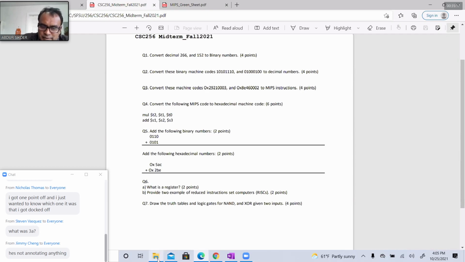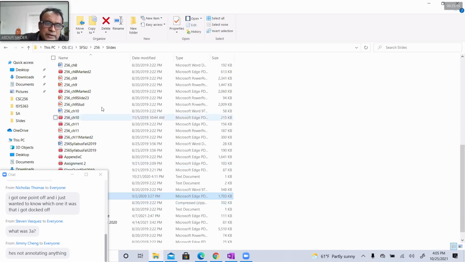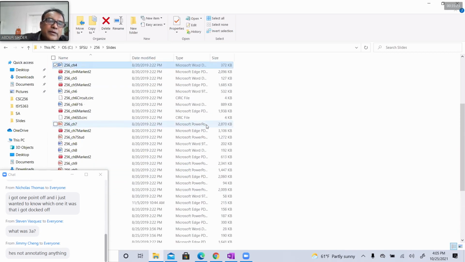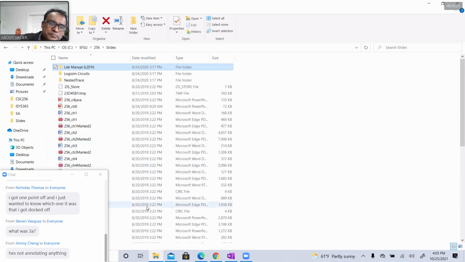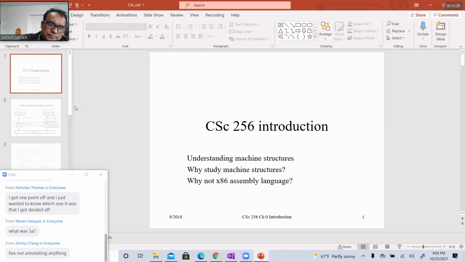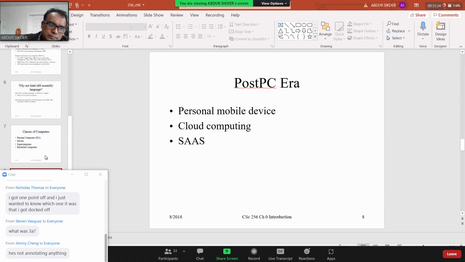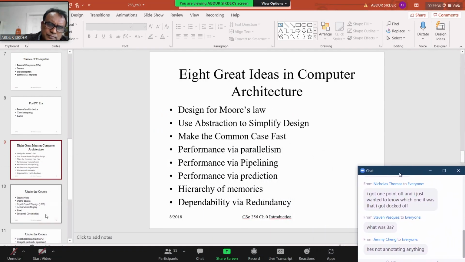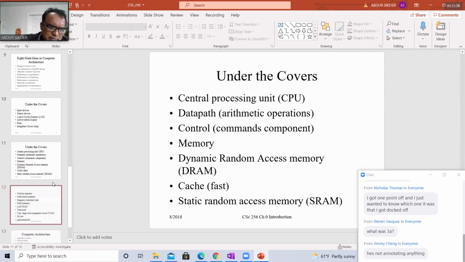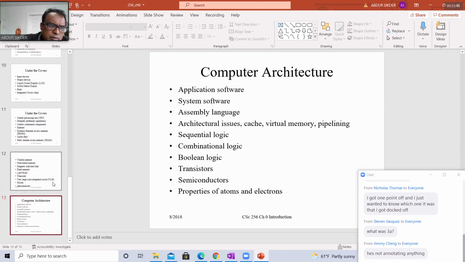If you look at that gate stuff, let's look at the example first, the RISC example.